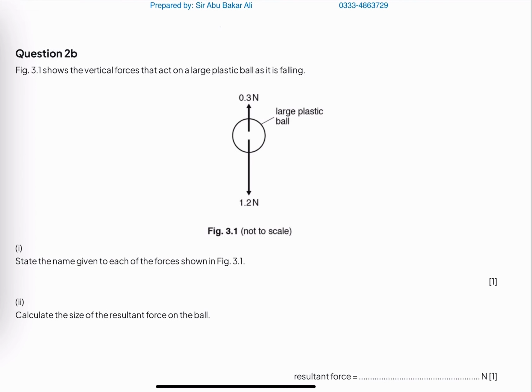The figure shows the vertical forces that act on a large plastic ball as it is falling. State the name given to each of the forces. Okay, we have to name the forces. The downward force is basically weight, and this force is basically the air resistance.